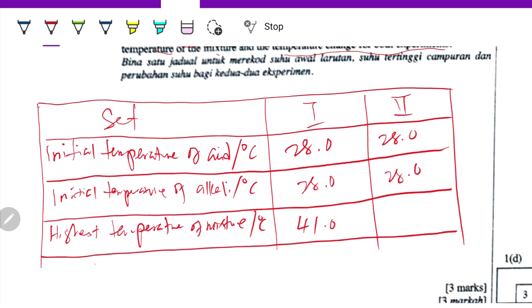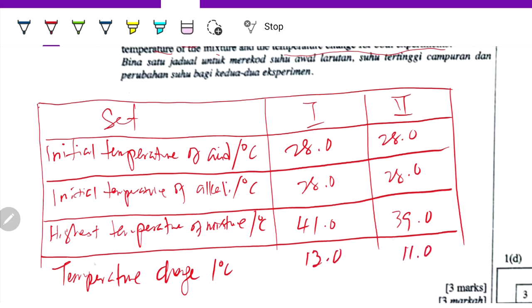Then for set 2 it is 39. Then finally is the temperature change. So this one is 13.0. Another one is 11.0.